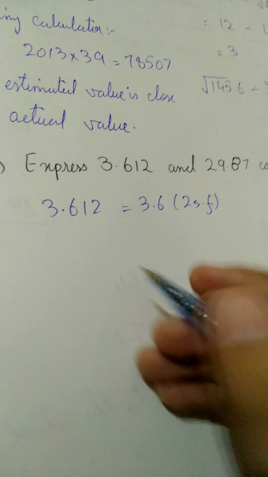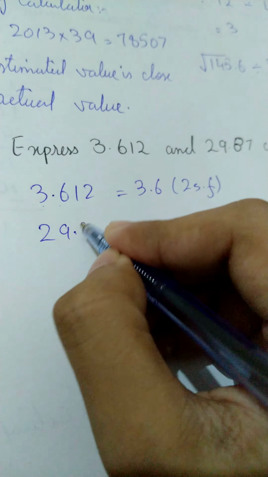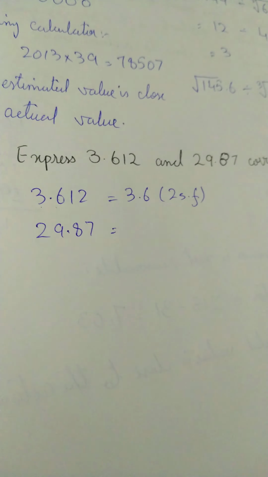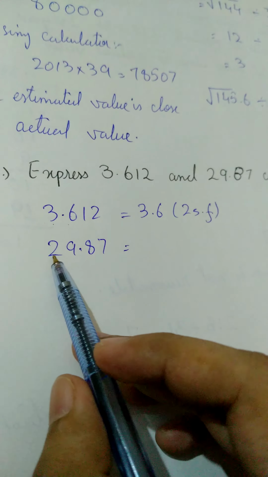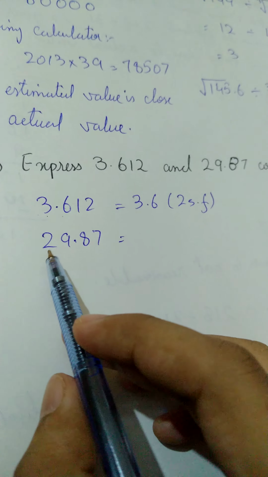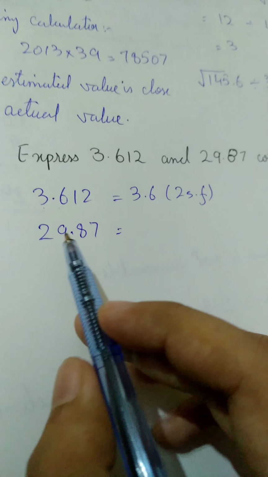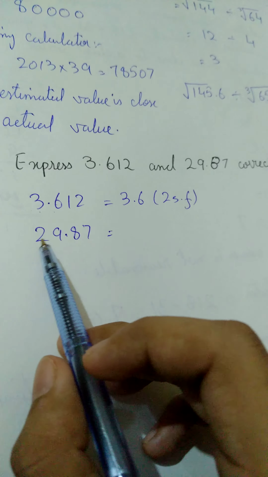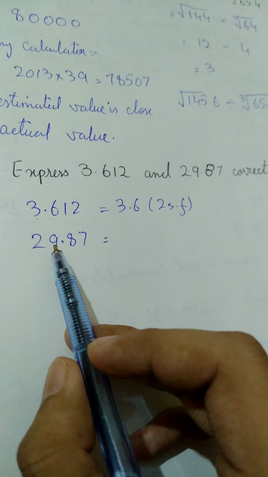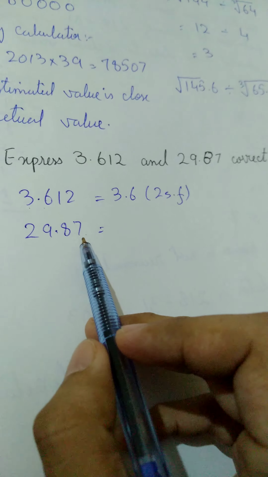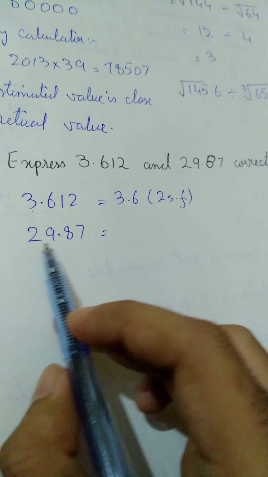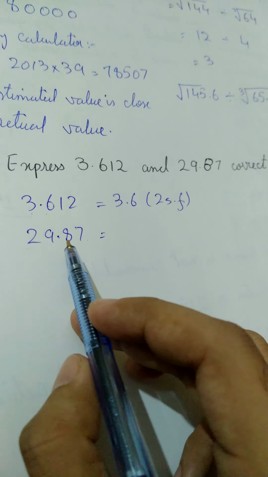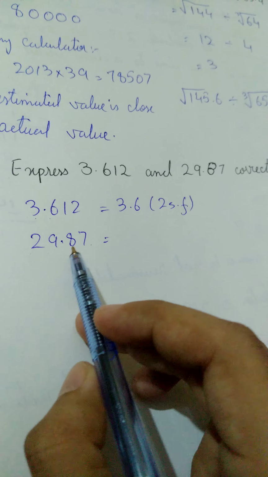Now the second value is 29.87. Before rounding this number off, one thing you need to understand is this value has a value at the tenths place as well. The number has four significant figures, 1, 2, 3 and 4. If I select only the first two, 29, it will be wrong because 0.87, these two values are also significant.